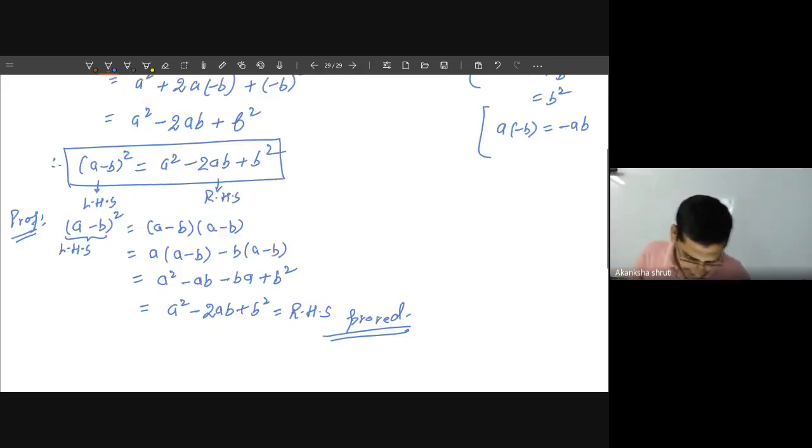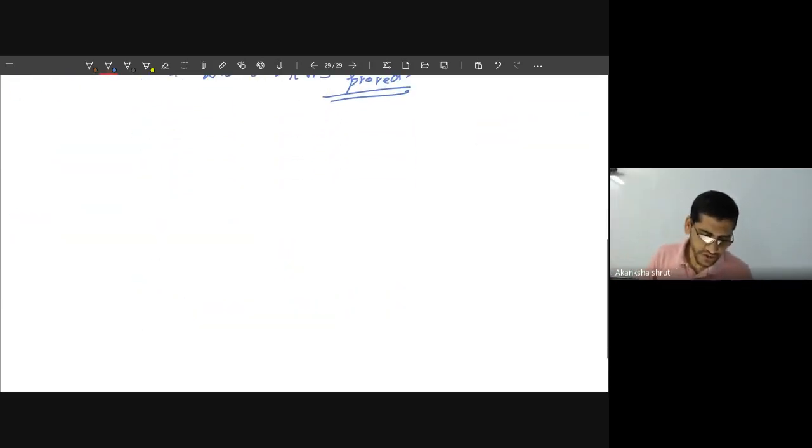Now, students, how is this identity used for solving questions, for factorization. Okay, so write a question.